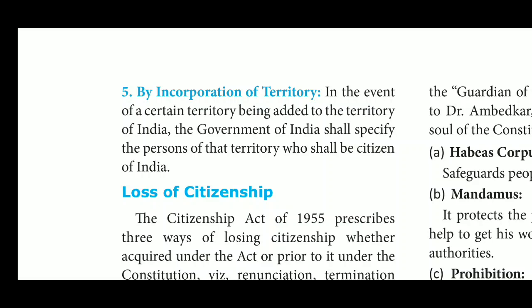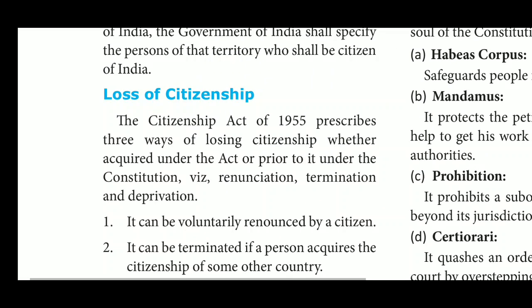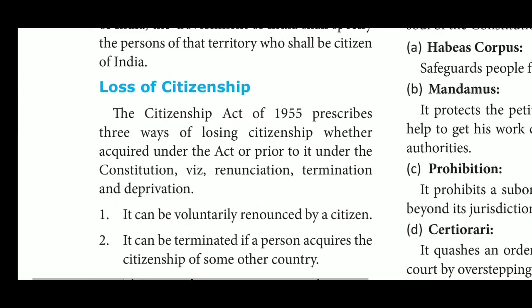See book page number 171, loss of citizenship. The Citizenship Act of 1955 prescribed 3 ways of losing citizenship, whether acquired under the Act or prior to it under the Constitution: renunciation, termination and deprivation. First one, it can be voluntarily renounced by a citizen.